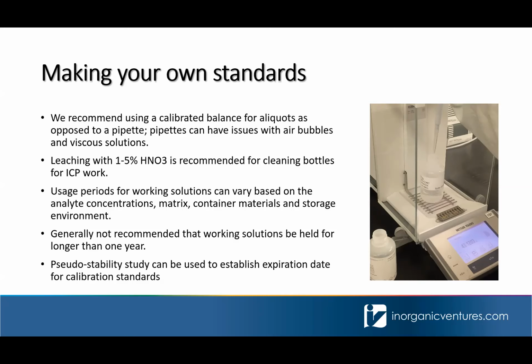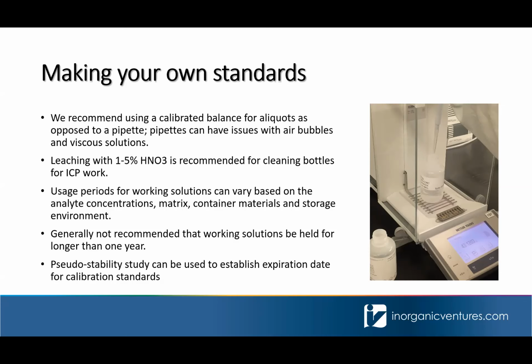Instead, we use the analytical balance to weigh out the aliquots directly. We weigh onto a weigh boat and then quantitatively transfer into the solution, or, as shown in the picture, you can weigh directly into your final bottle and then bring that to a final weight based on the solution density.